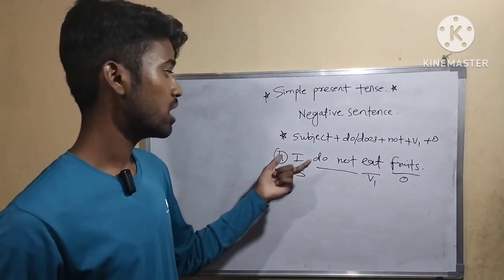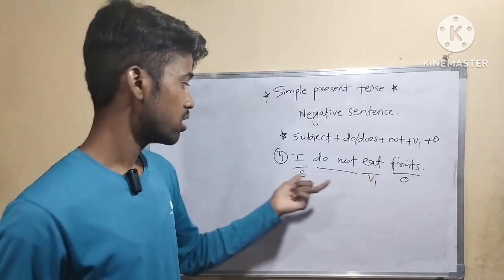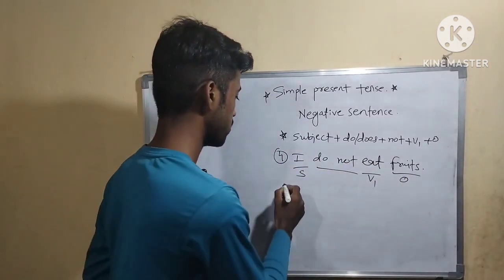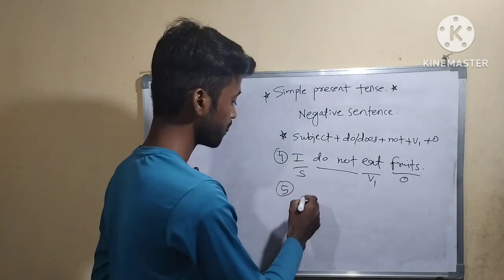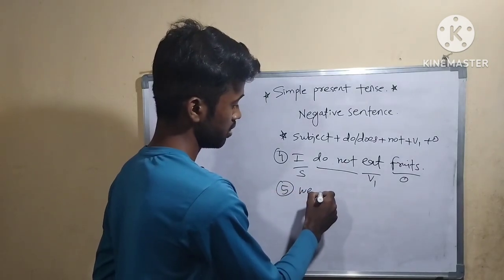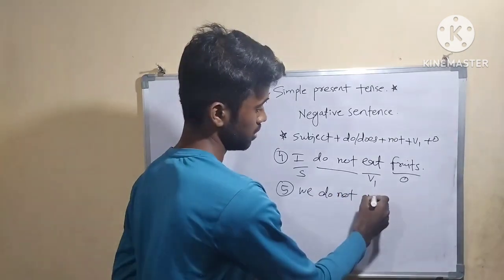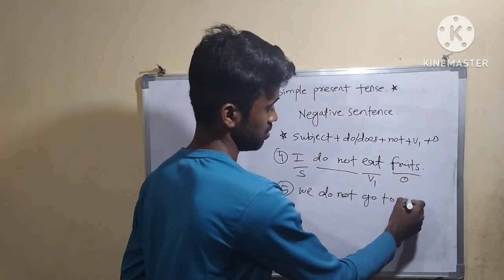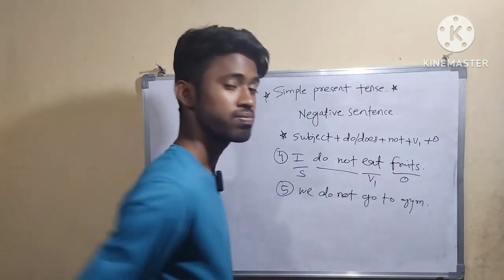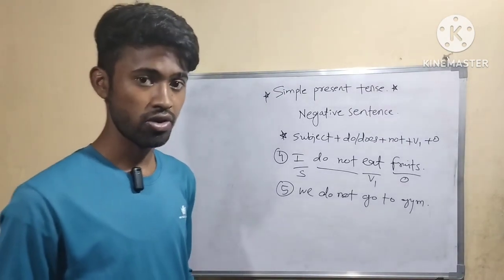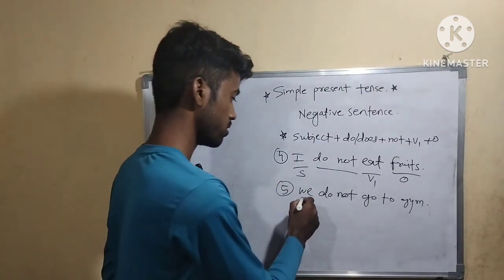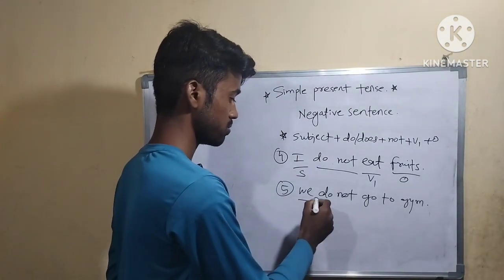So what is the sentence? I do not eat fruits. Next example: we do not go to gym. You should go to gym if you have time. Here, what is the subject?